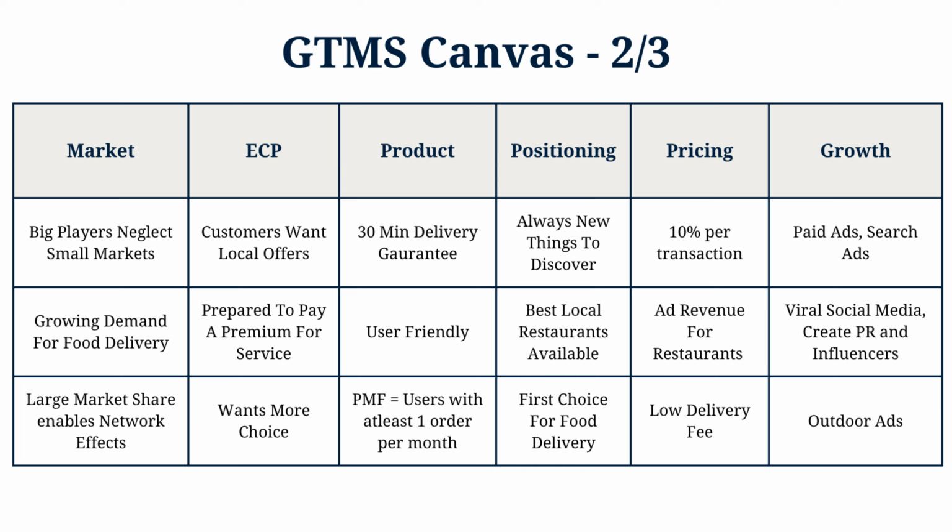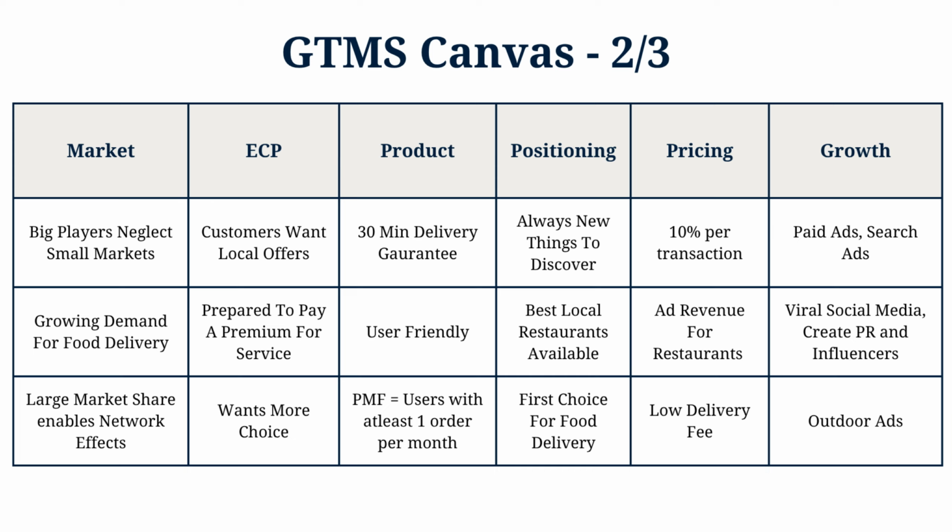That's what network effects means. Expected customer profile: customers who want local offers, who are ready to pay a premium for good service, and people who want more choice. In terms of the key features of their product, they had a 30-minute food delivery guarantee. Their product was very user friendly.